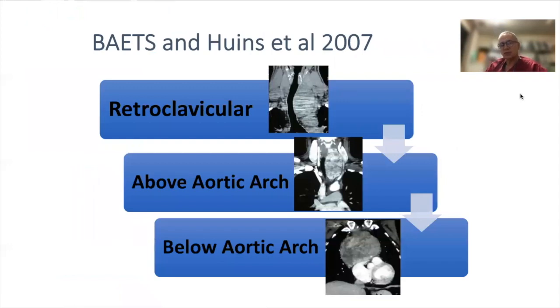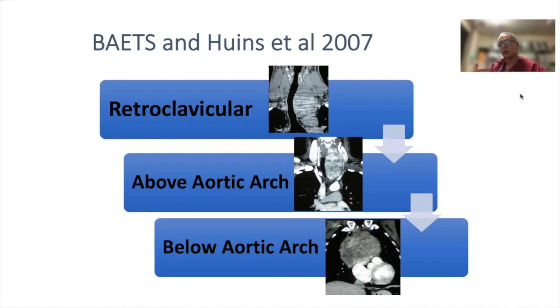The British Association of Endocrine and Thyroid Surgeons and Huins, who is actually an otologist, designed this classification. At the time he was doing a PhD with Neil Tolley in North London, and this has been adopted as the main classification of intrathoracic goitres.